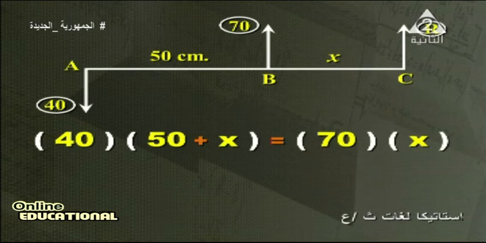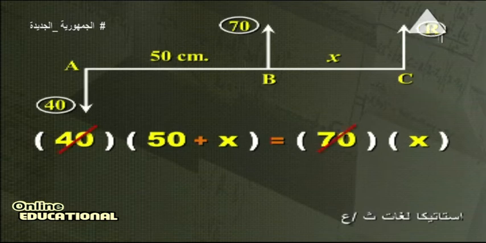Therefore, my dear student, by using the cross rule, the force F1 times AC equals the force 70 times BC. Therefore, we write 40 times 50 plus X, inside brackets, equals 70 times X.